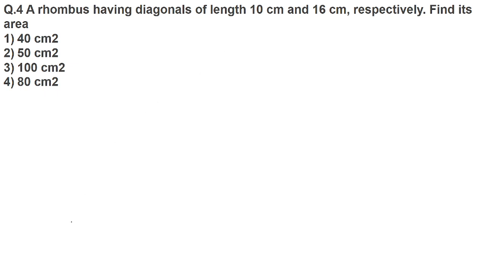Moving ahead to question number 4. Rhombus having diagonals of length 10 centimeter and 16 centimeter respectively, find its area. It's very easy. Now here the diagonal's length is mentioned 10 centimeter. Let us suppose this one is diagonal D1, and the second diagonal is D2. Its dimension is mentioned 16 centimeter. Now you have to find the area of the rhombus.